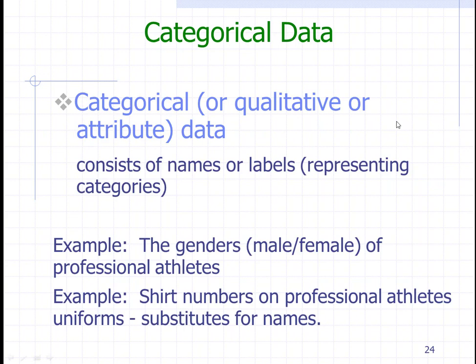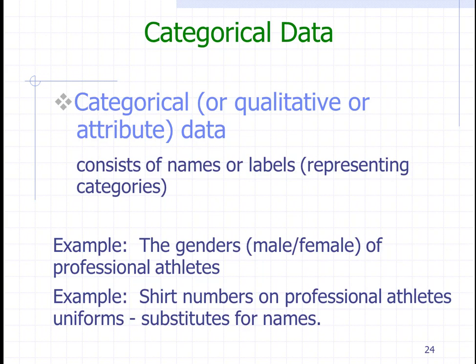Then there's categorical or qualitative, and categorical looks at some attribute, and we use names or labels representing those categories. For instance, the color of your eyes would be a category. What is the model of car that you drive? What is the type of vehicle you drive?